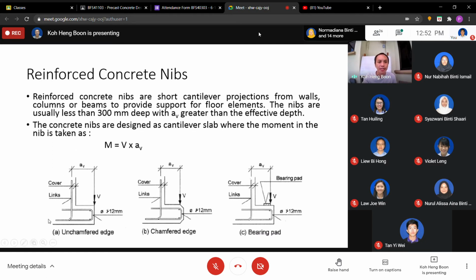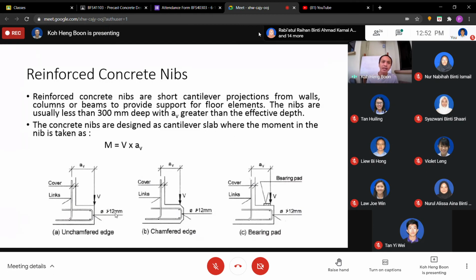Actually the thickness is not very thick. The nibs are usually less than 300 mm deep, not greater than 300 mm. It can be 200, 150, 250, something like that.